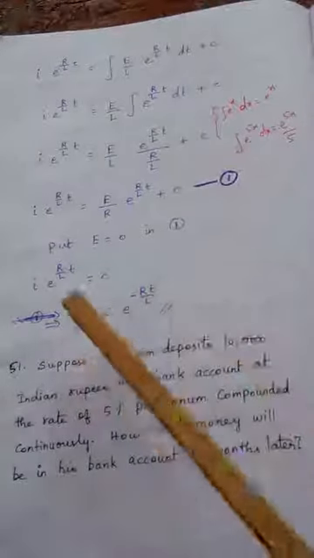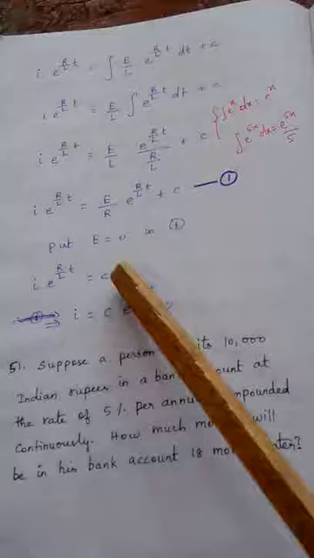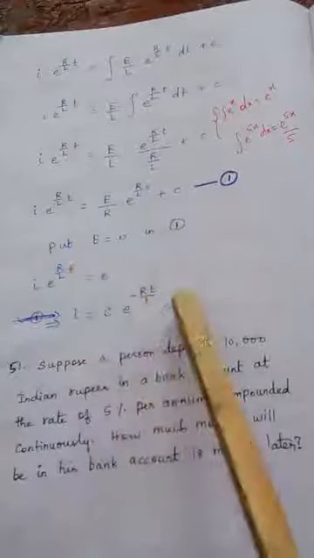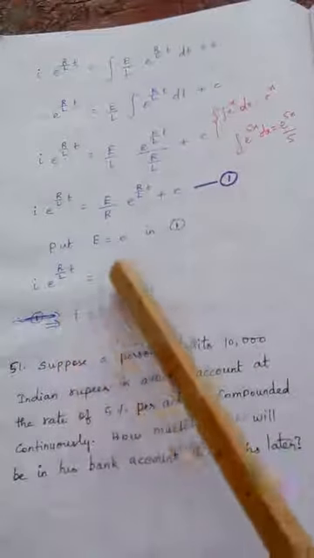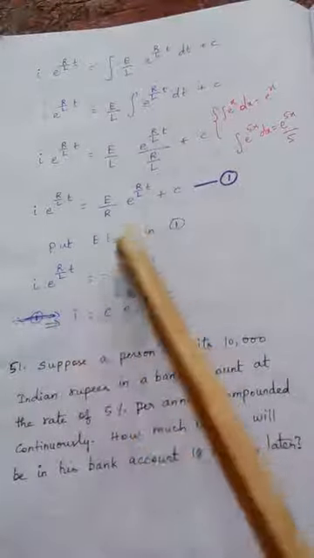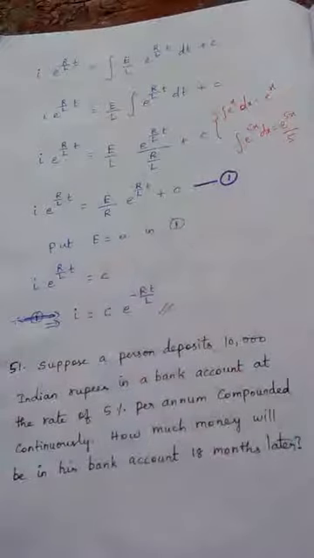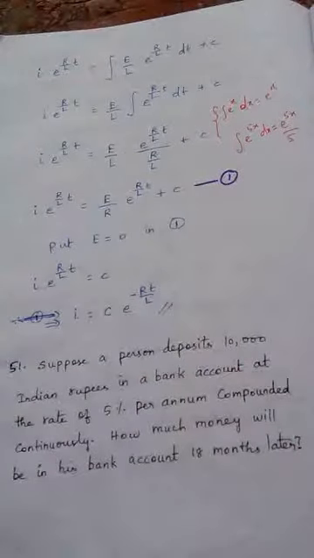Now from this we can say the current I equals c into e power minus r by l t, bringing this to the other side. This is the expression given for the current. So we found an expression for current when E equals 0. So here ends the problem.